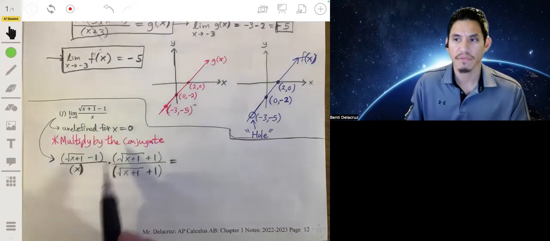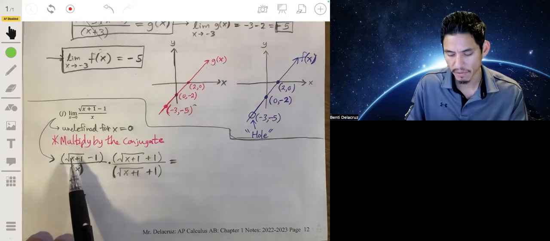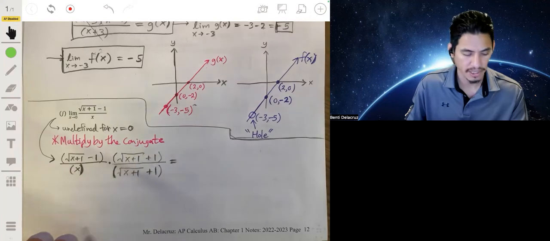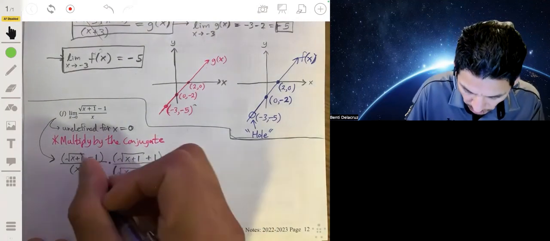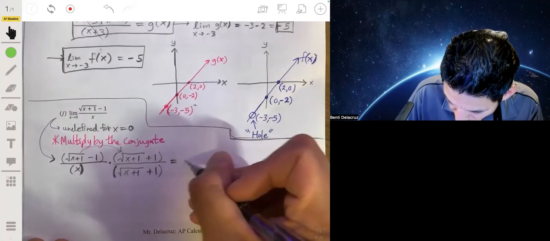Just like when we multiply binomials, let's remember that when we multiply a square root by a square root, the square roots just cancel. So if we multiply that by that, it simply becomes x plus 1.